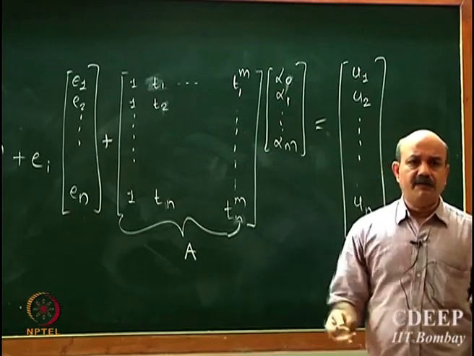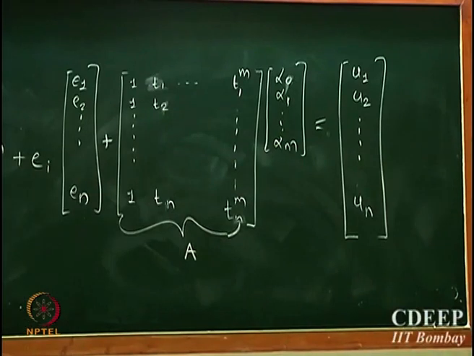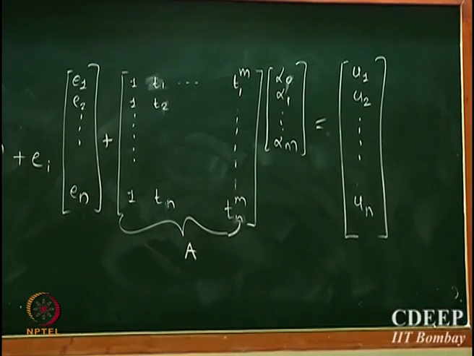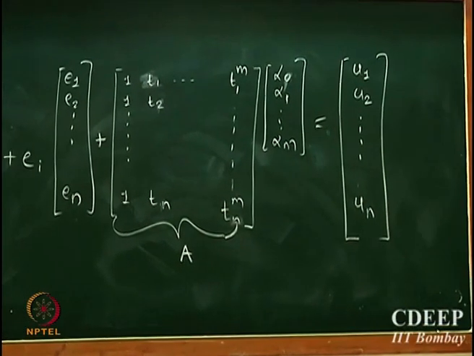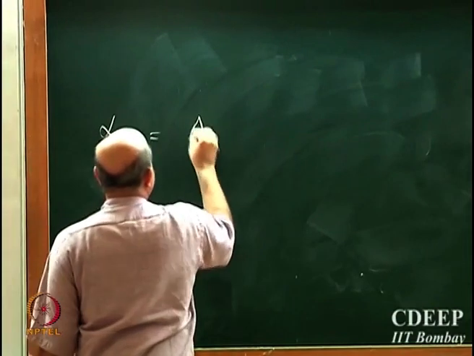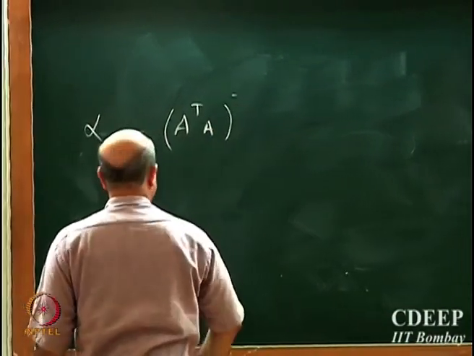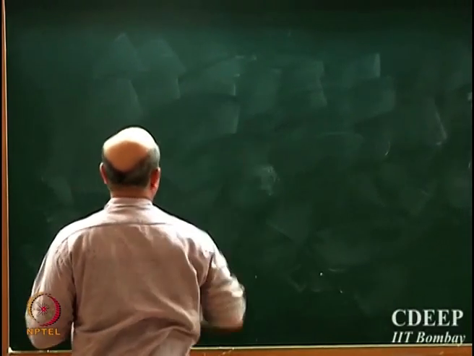We have solved this problem. We know the least square solution is given by A transpose A alpha least square, or I'll write it in a little different way.